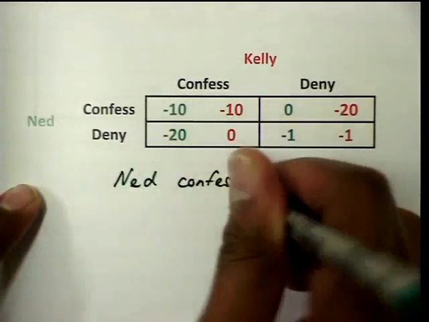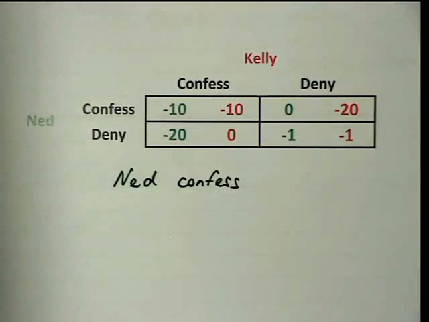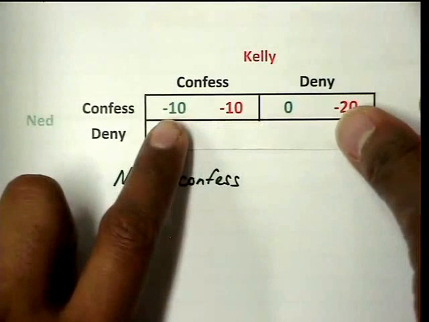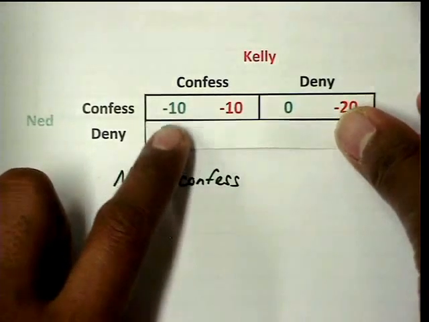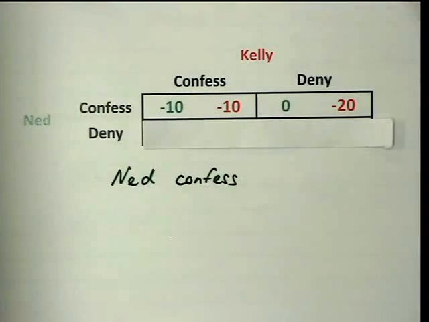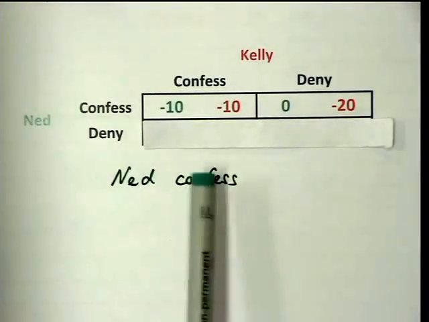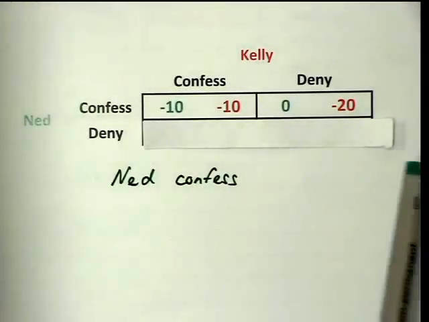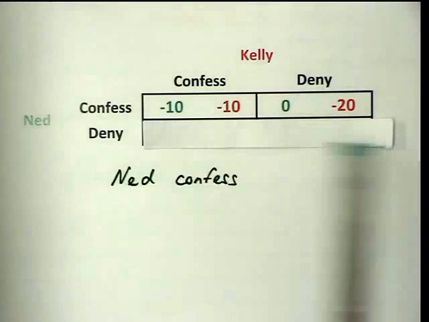Now, the key to game theory is the way you approach it. You've got to approach two cells at a time. So you literally need to cover two cells at a time. See, I'm looking at Ned confess, so therefore I covered Ned deny. Can you see what I've done?